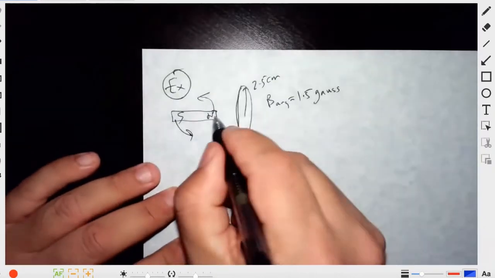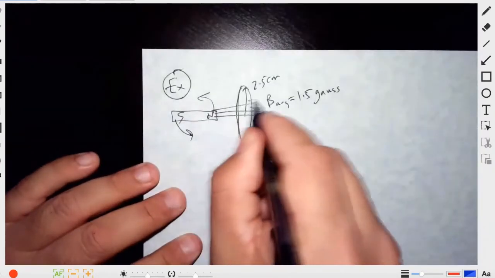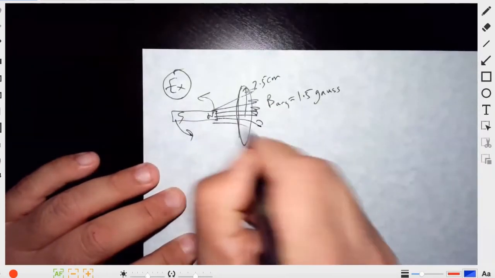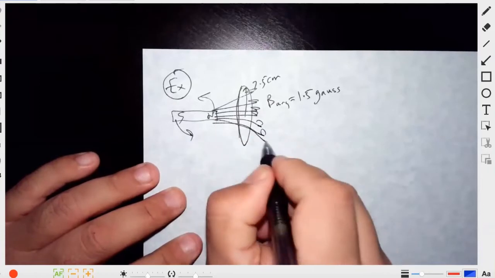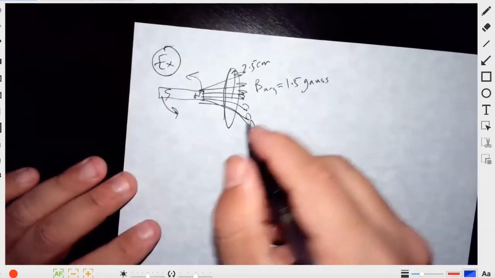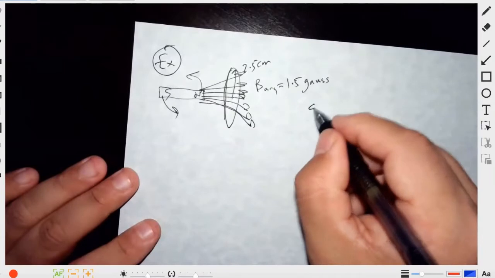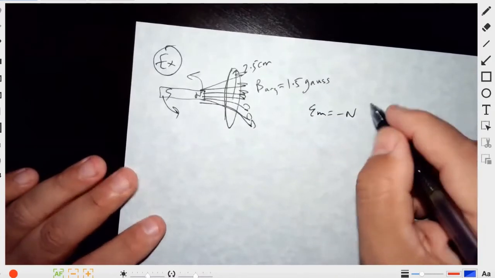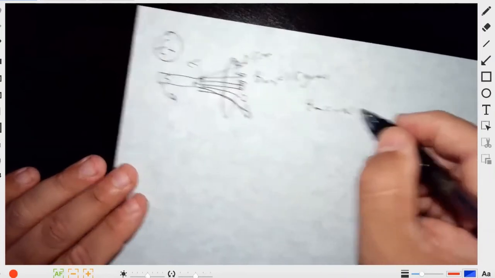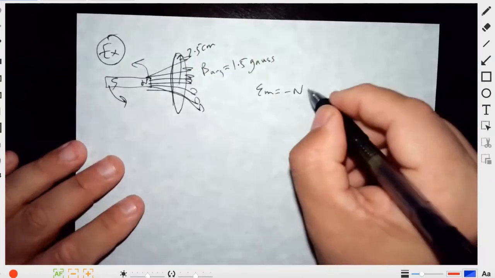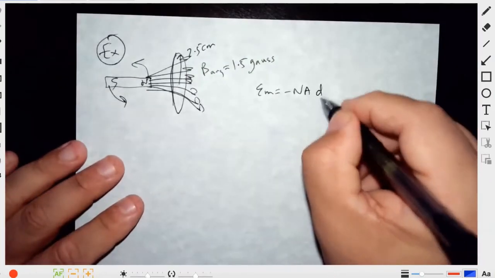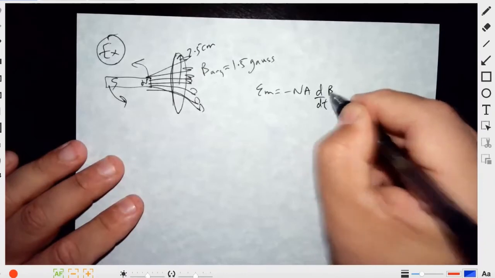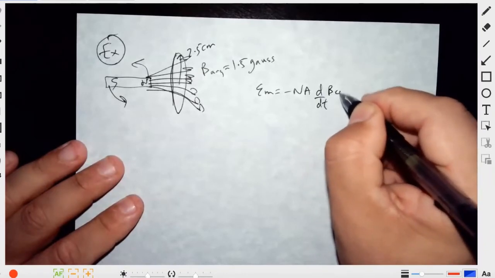Okay, so now the field is like this. So now you have EMF is negative N. In this case, the area is constant, right? Negative NA dB dt. Actually, the B is constant too.